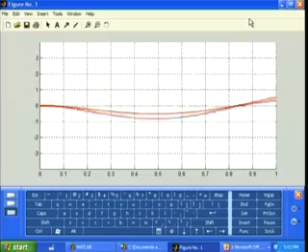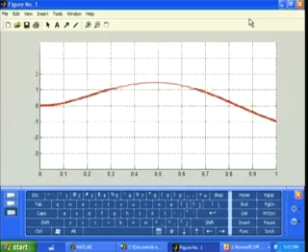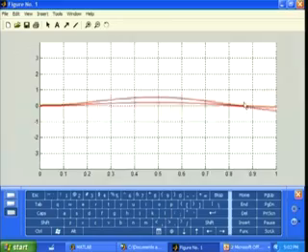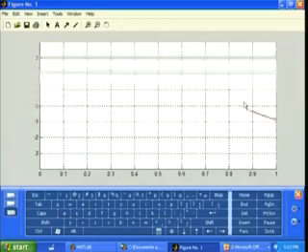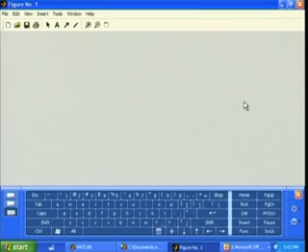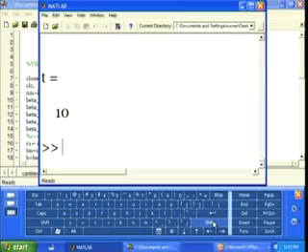In this case you can observe that the beam is vibrating. There is a node formation here, and you can similarly simulate for the third and fourth mode in this case.